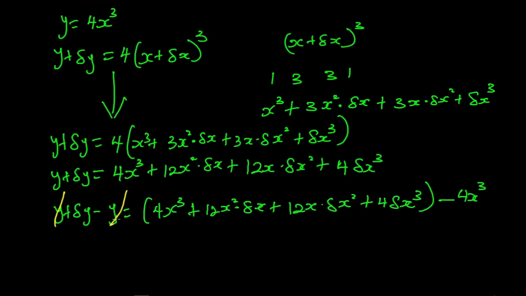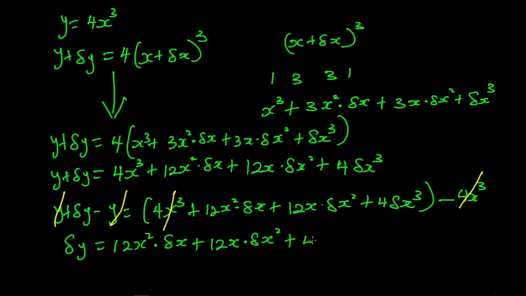This is going to cancel out this, so we'll be left with delta y equal to 12x squared delta x plus 12x delta x squared plus 4 delta x cube.